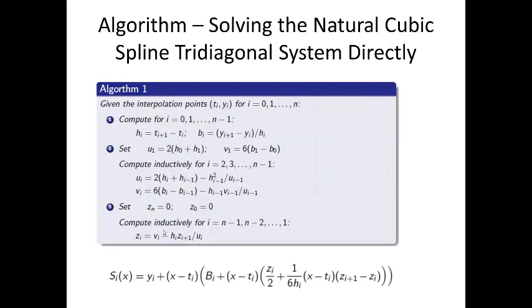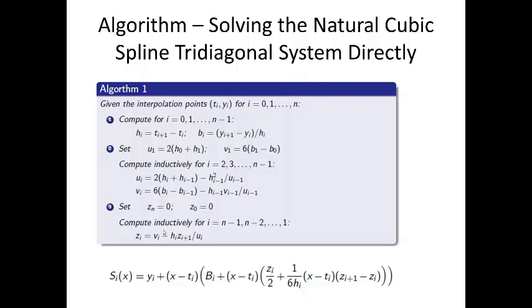Basically, given the interpolation points t sub i, y sub i, we compute h sub i and b sub i, and then find u1, v1, and then compute inductively for i equal 2 through n minus 1 the u sub i and v sub i values. Then we find z sub n, z sub 0, and then compute all the other z sub i's inductively.